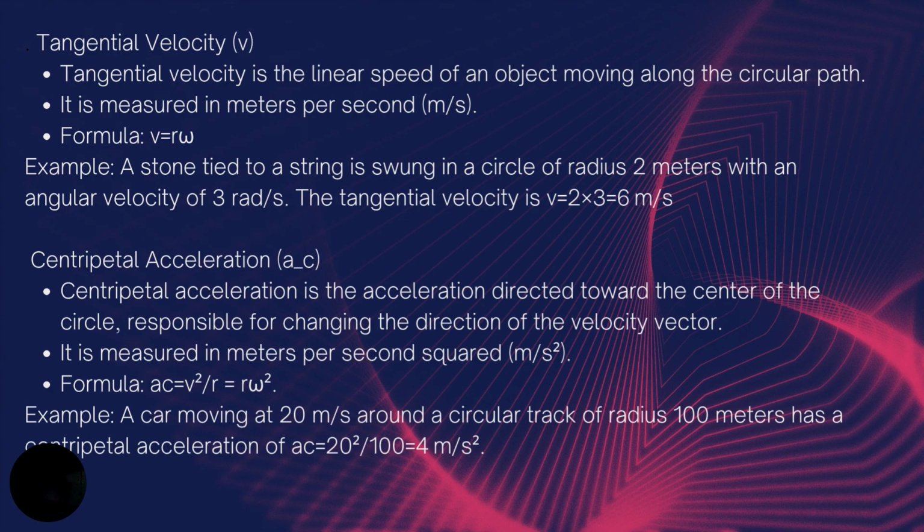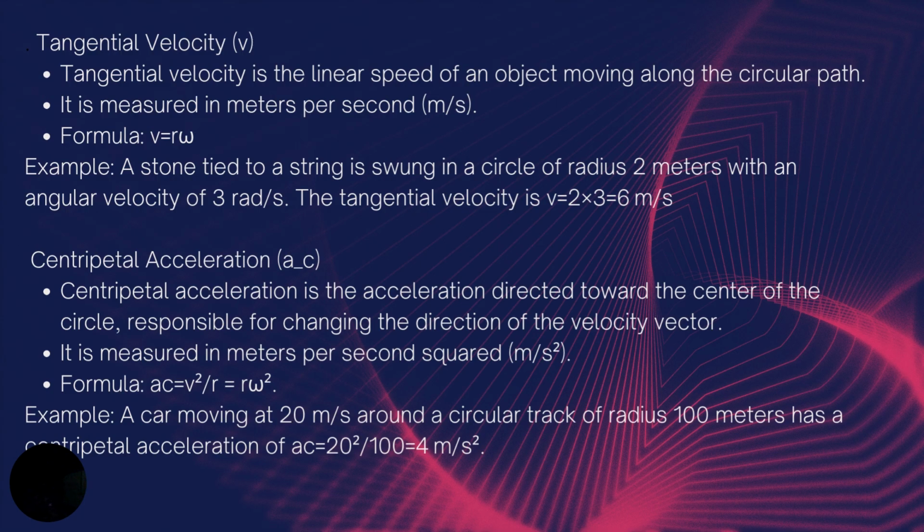The formula for centripetal acceleration is v squared over r, where v is the tangential velocity, divided by the radius.